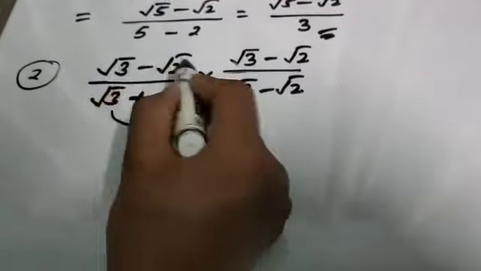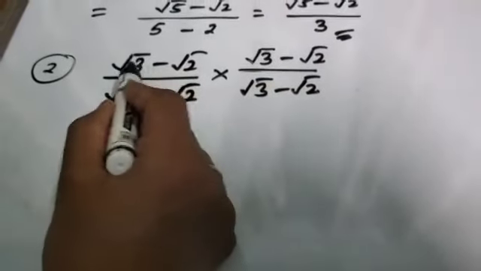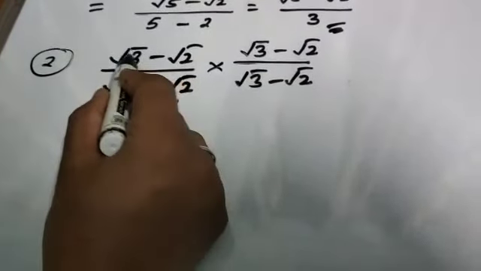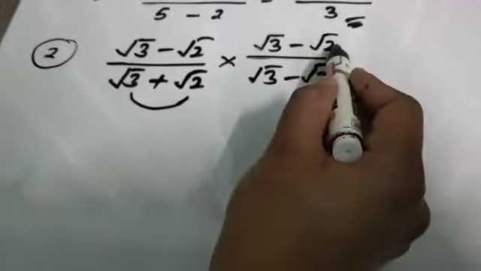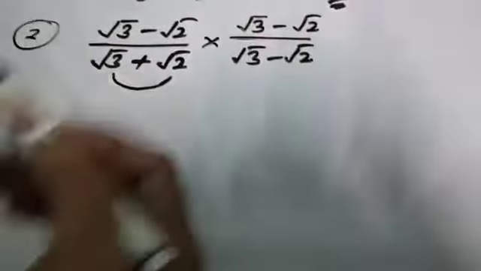In this question you can see that in the numerator these both terms are same. So in both cases you can apply the identity. In the numerator you can apply the identity (a minus b) into (a minus b), you will get (a minus b) whole square. And in the denominator you will apply the same identity.